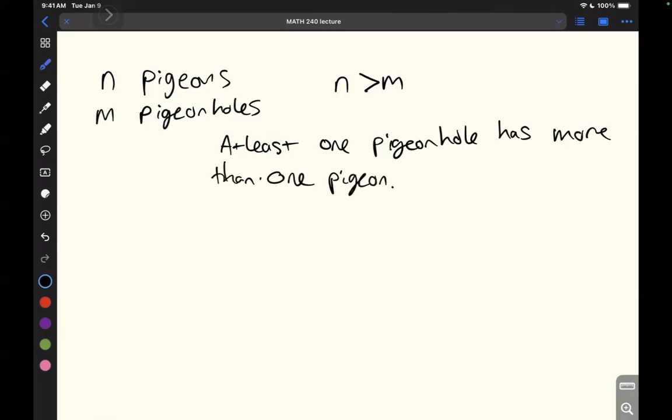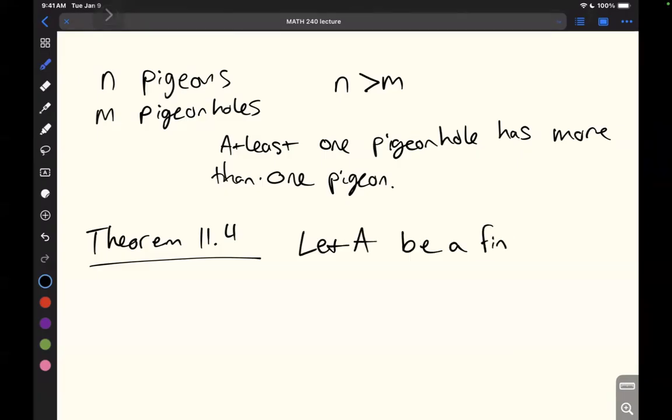And so we can write this in theorem form. This is theorem 11.4, where it says, let A be a finite set.